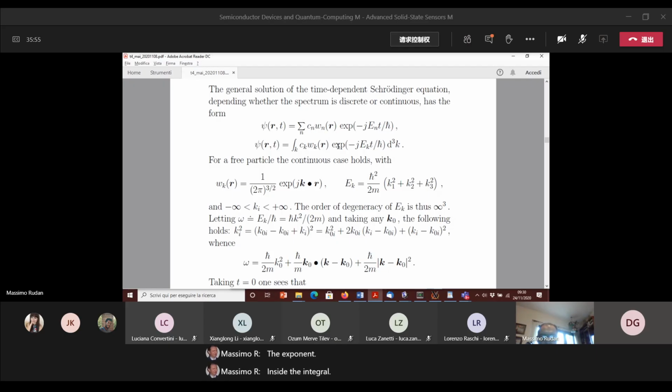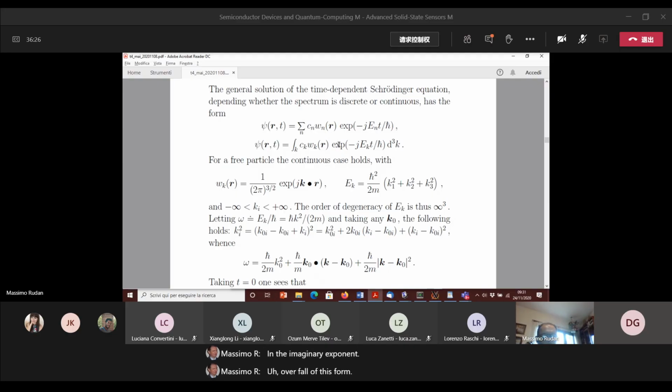And this exponent is imaginary because we have minus j times a real quantity, okay? So the validity of the approximation must be discussed by considering what happens if we approximate the imaginary exponent of a formula of this form.